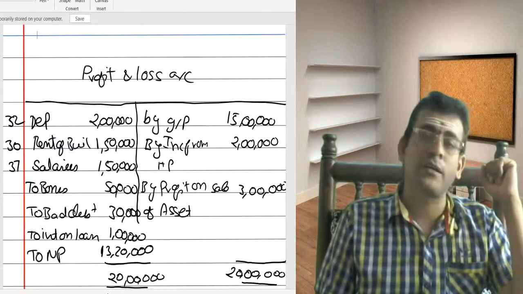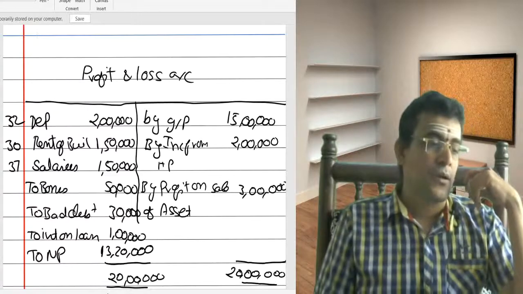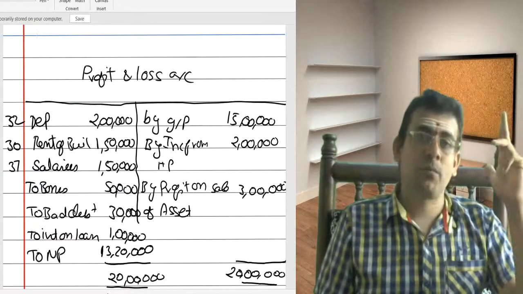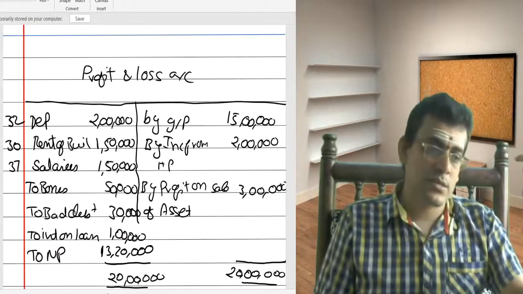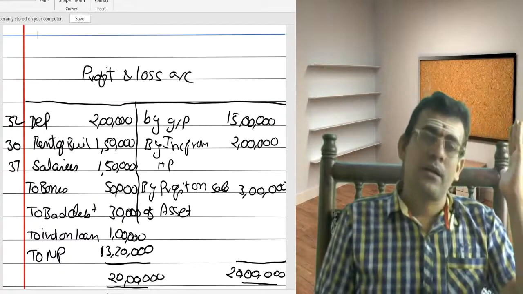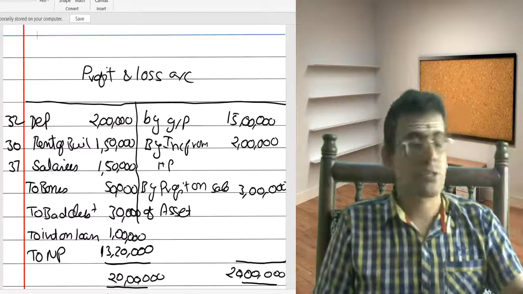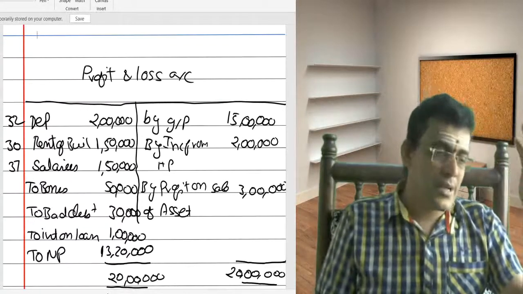Section 36(1) allows bonus as deduction. Section 36(1)(vii) allows bad debt as deduction. Section 36(1)(iii) allows interest on loan as deduction. So all these things are allowed as deduction, and that is the reason I can reduce them.